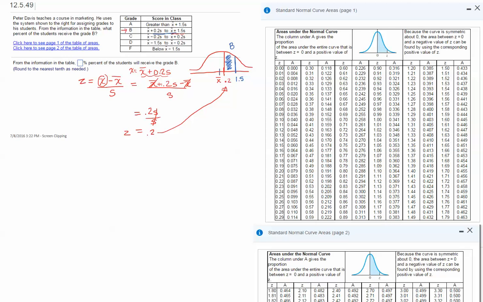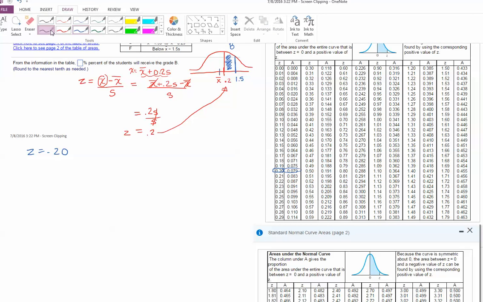So if I now look up the first score, z equals 0.20, in my z table, we want to find the area. Make sure you're scanning in the z columns and not the a columns. We're looking for z equals 0.20, and you'll see to the right of it that the area is 0.079.